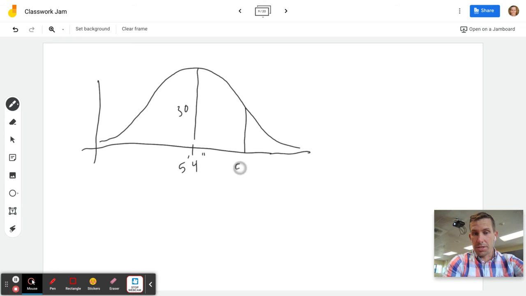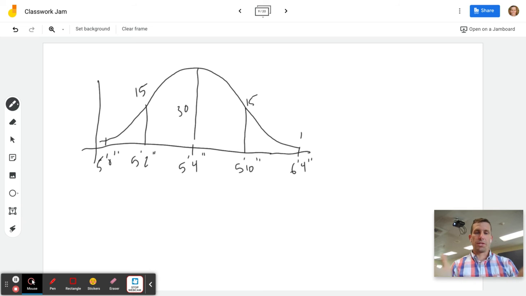So for example, maybe this is 5'10", and there's only 15 students that are 5'10". And then maybe way out here at the end, there's 6'4", and there's only one student who's 6 feet 4 inches tall. And same going backwards. Maybe there's 15 students that are 5'2" tall, and then maybe there's only one student that is 5 feet tall, something like that.